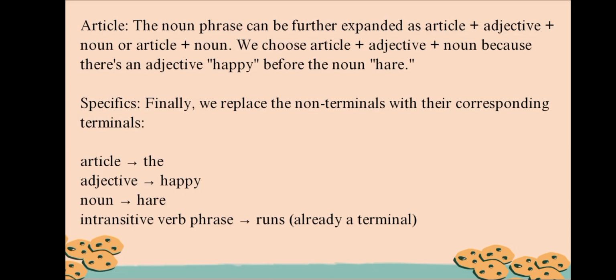Second, the article: the noun phrase can be further expanded as article plus adjective plus noun or article plus noun. We choose article plus adjective plus noun because there is an adjective, happy, before the noun here. Finally, we replace the non-terminals with the corresponding terminals.